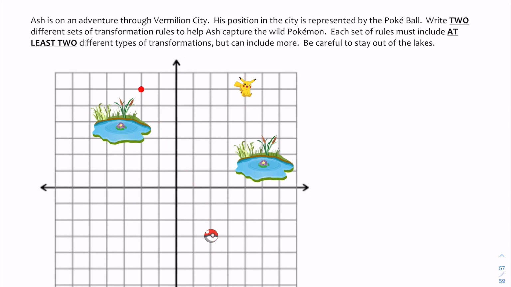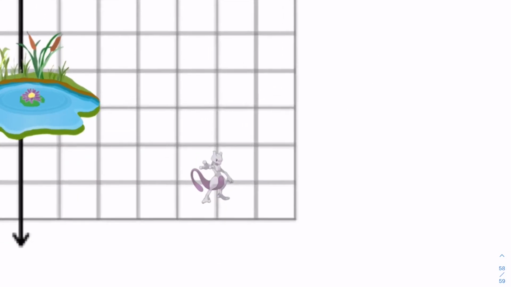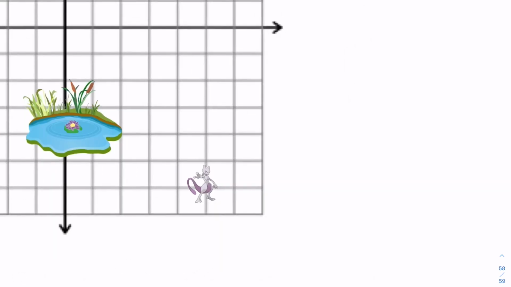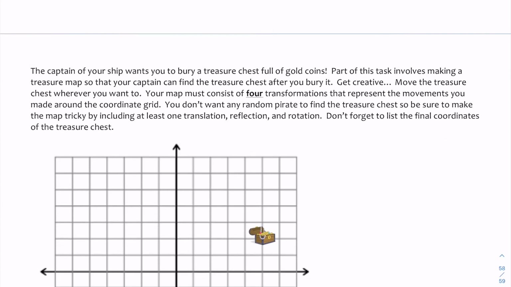You might want to go here and then reflect over. You can go over them, you can go around them, but you can't go into them and stop in them. Okay, so these are all off limits. Same thing for that. This is Mewtwo.